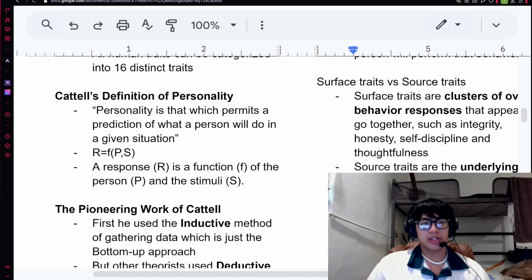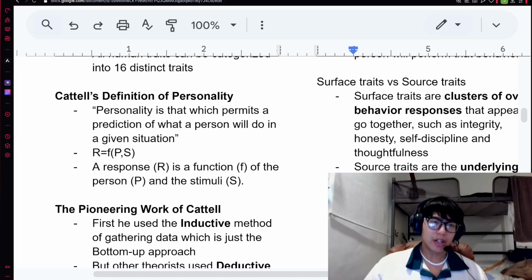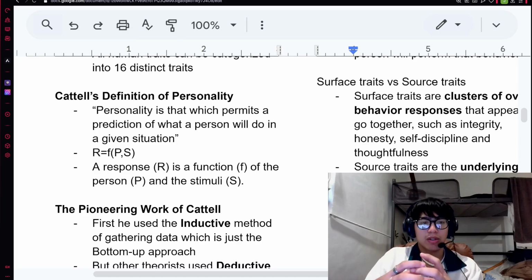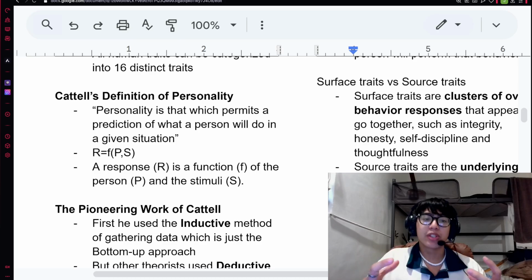As you can see, he even has a formula here, and the formula is R equals f(P, S). R is basically the response, and that's what personality means to him. This response comes out of a function, and that function is basically the situation, the person, and the stimuli put together. Their reaction or behavior when presented with these factors is basically R, or what personality is to Cattell.